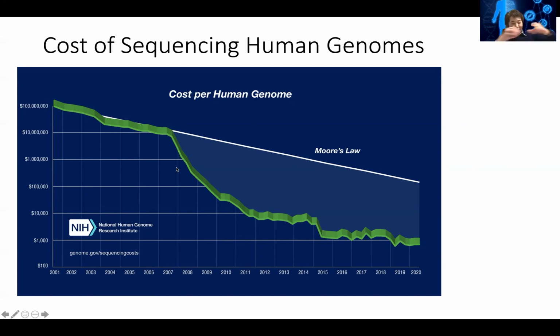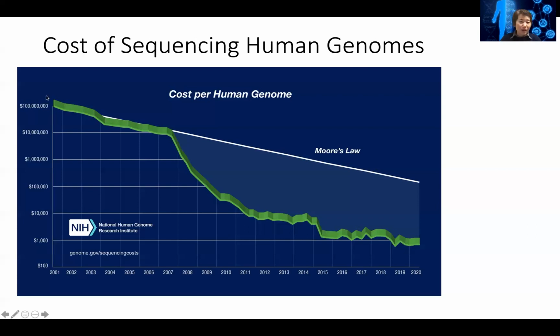Instead of sequencing one DNA stretch at a time, you can sequence millions at a time. And the cost suddenly started to decrease much, much faster. It's even faster than Moore's law. This line is Moore's law in the semiconductor industry, which was used to describe the silicon chips used in computers, and dictates that every 18 months, the capacity of the chip would double and the price would be half of before.